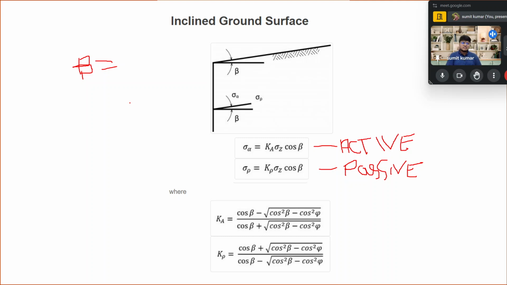Over there, you calculate everything, or sometimes the question asks only to calculate the coefficient of active or passive earth pressure for the inclined backfill. These types of questions may be framed during the examination as well. So be aware and solve those types of problems. We will solve problems on this concept in today's class only.